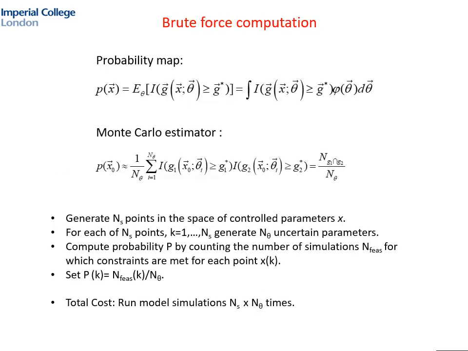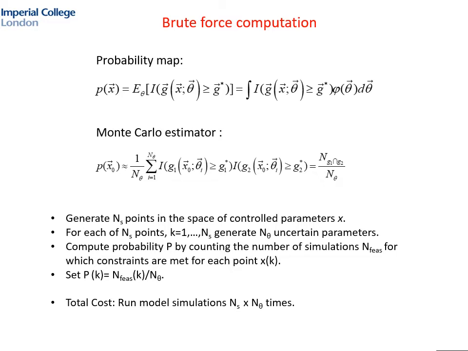Once the probability map is identified, we can use a Monte Carlo estimator for estimation of this integral. A Monte Carlo estimator works like this. We generate n s points in the space of control parameters x.